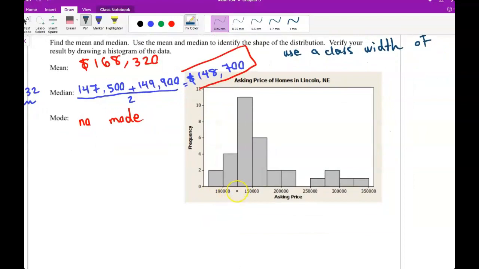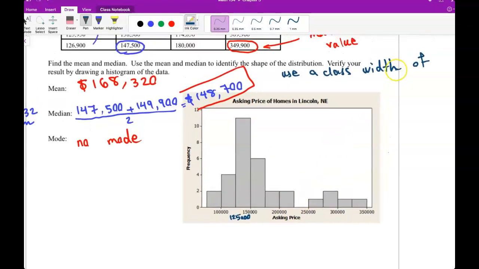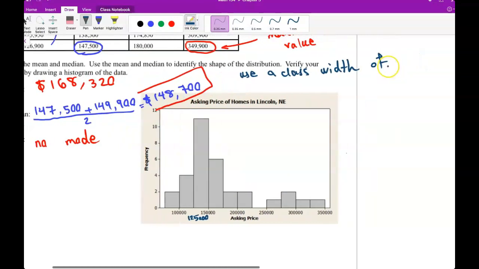In between, this is 125,000. That is 150,000. So this is 175,000. Then 200,000. This is 225,000. That's why our class width is 25,000.